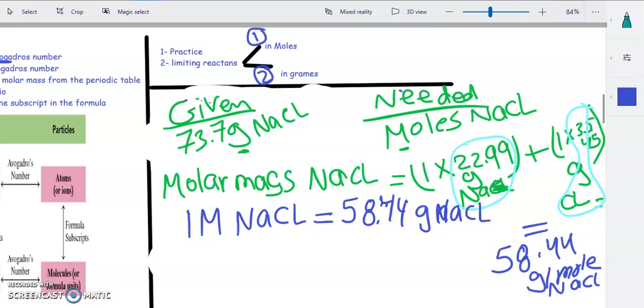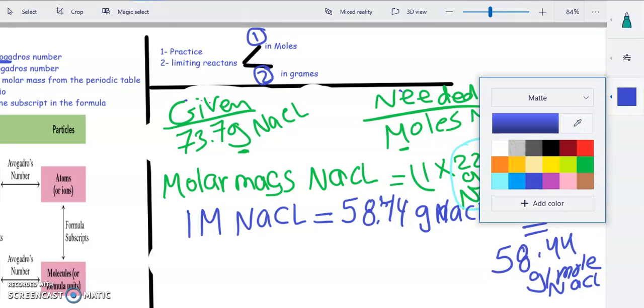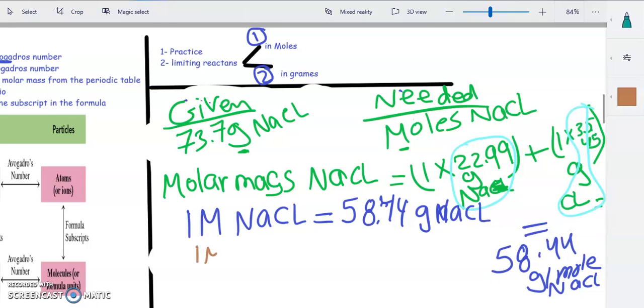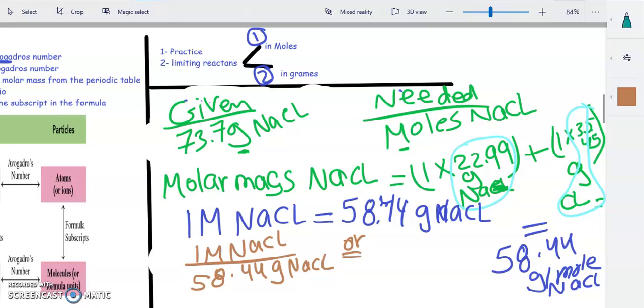And now we have an equality. We can very easily make a conversion factor: 1 mole NaCl over 58.44 gram NaCl, or the opposite, 58.44 gram NaCl divided by 1 mole NaCl.